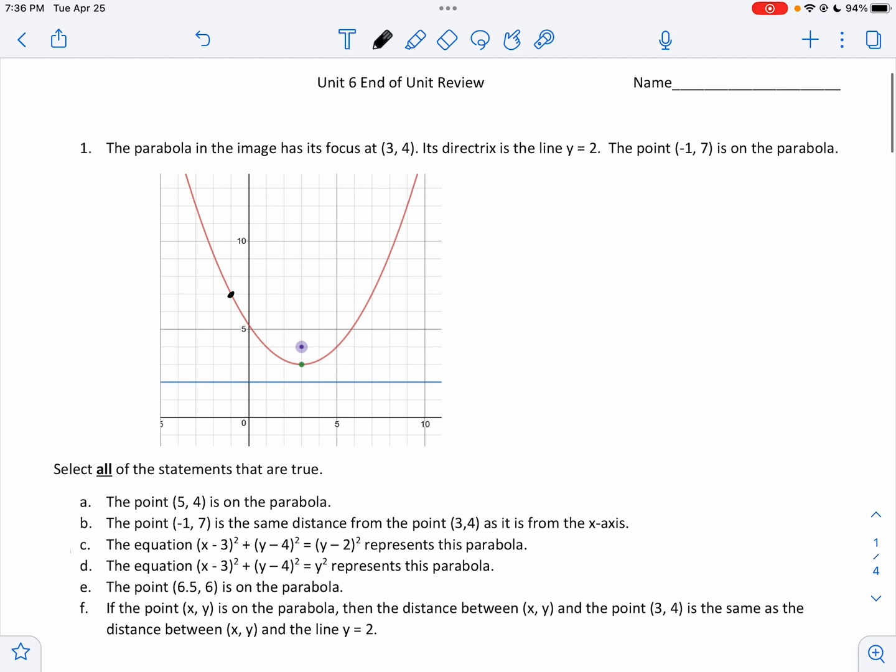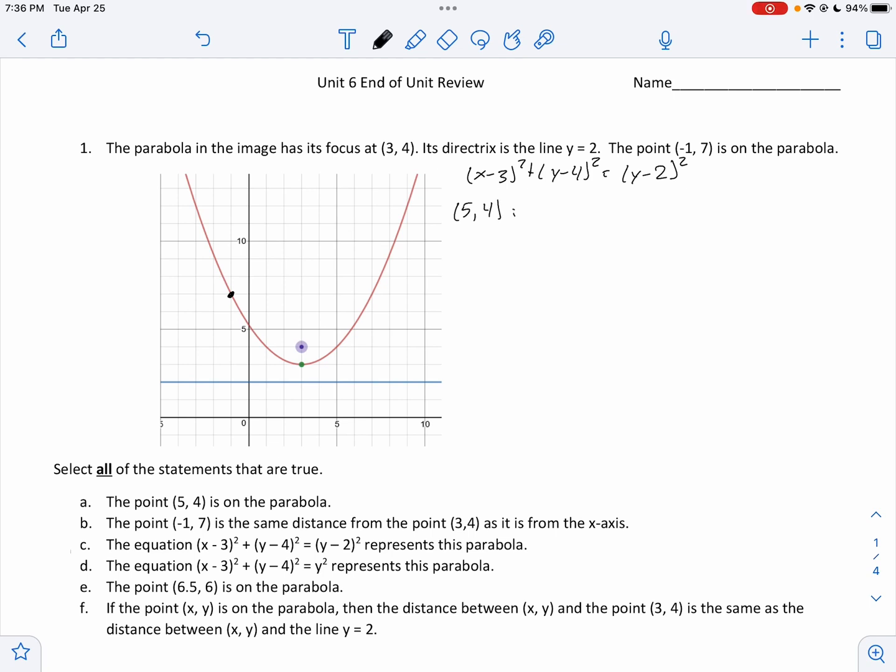So let's first recall the form that our parabola has. We have (x - 3)² + (y - 4)² = (y - 2)². Let's check if the point (5, 4) satisfies this equation.